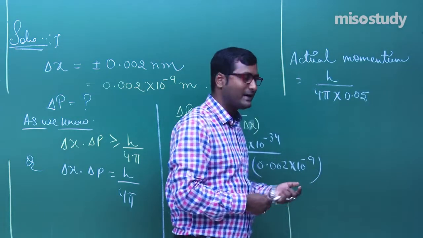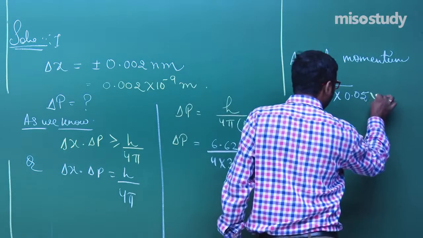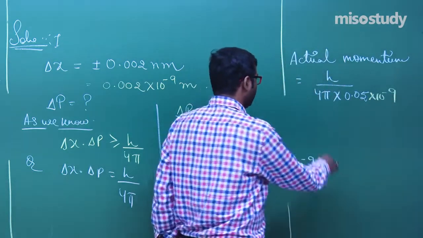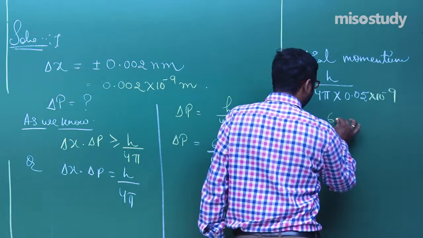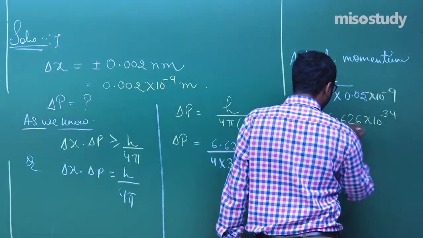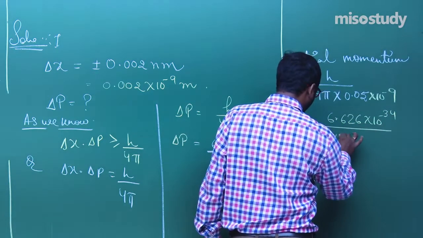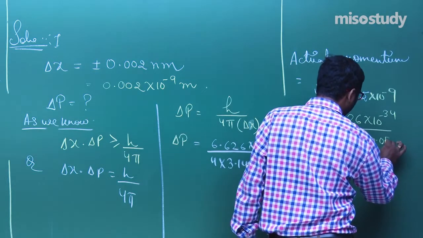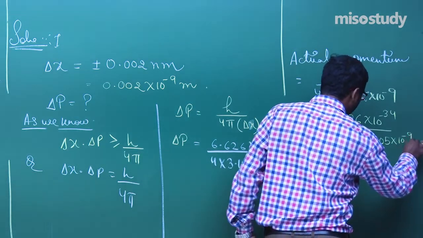That is, we can write 0.05 multiplied by 10 to the power minus 9 meter. Now put the value: 6.626 into 10 to the power minus 34 upon 4 into 3.14 into 0.05 into 10 to the power minus 9.